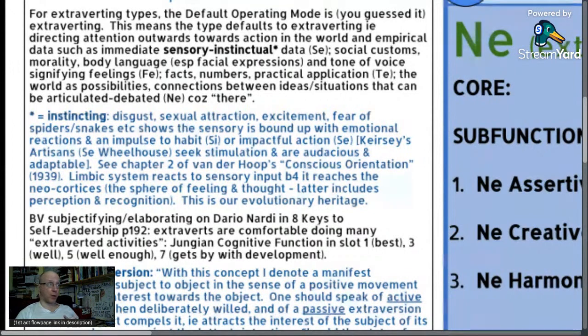The world as possibilities, so this is for ENTP, connections between ideas and situations that can be articulated, debated, NE. With NI, you end up getting with, well, I just think it's, you know what I mean? Like, NE is debatable, so it's going off something with NE.